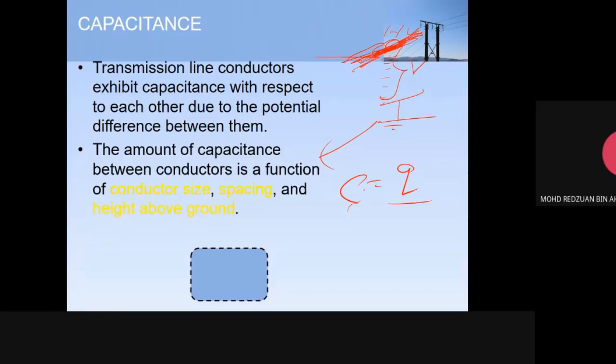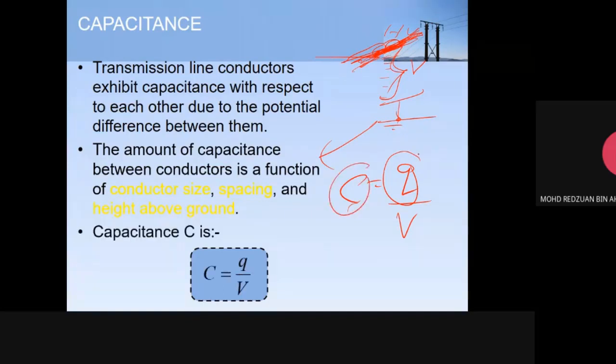So this capacitance is actually equal to the charge on this cable over the voltage difference between this point and the ground. This is how we calculate capacitance: number of charge divided by voltage difference between two points will give the capacitance value. This is given by this equation.